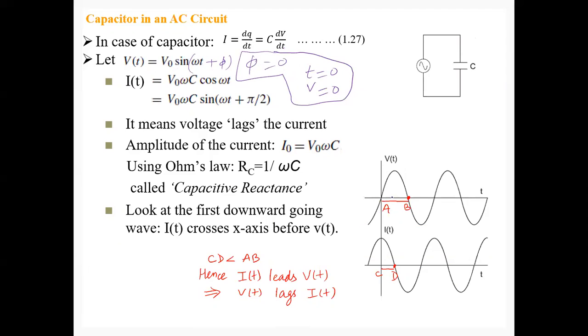Let's check. This is my sine function, right? See, at t equals 0, my V is 0. Yes, that's correct, okay? That's why I don't have to write phi there. Even if I write phi there, my phi is 0. You can simply write 0 if you want.